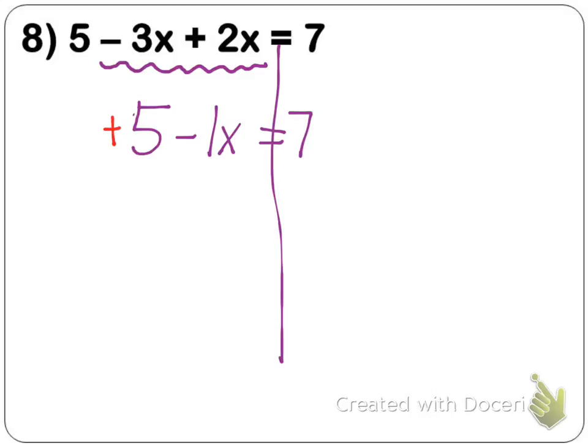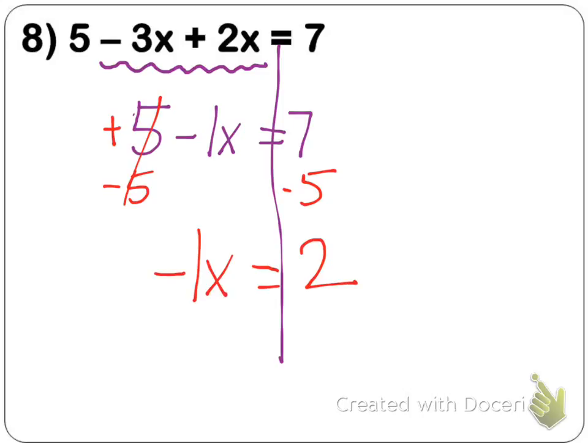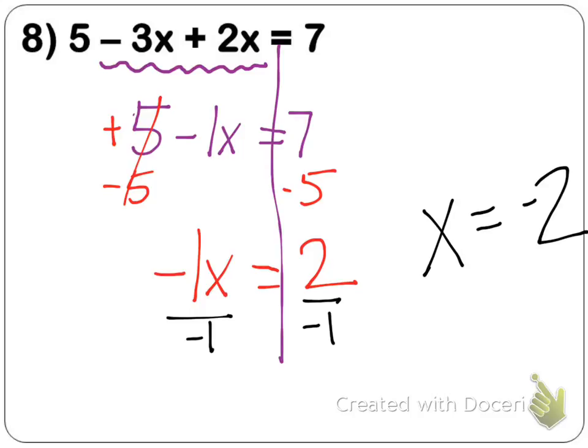The 5's already positive, so you want to subtract 5 from both sides. So that gives me negative 1x equals 2. And then what? Divide by the negative 1. So we're going to get x equals negative 2. Questions for today?